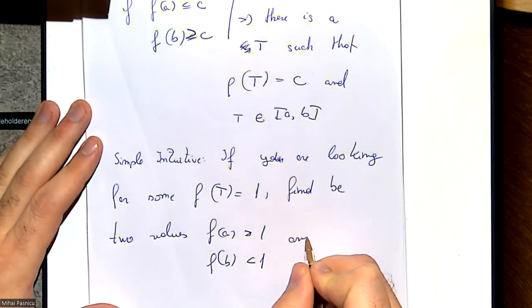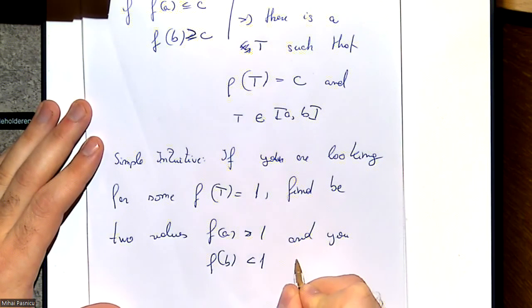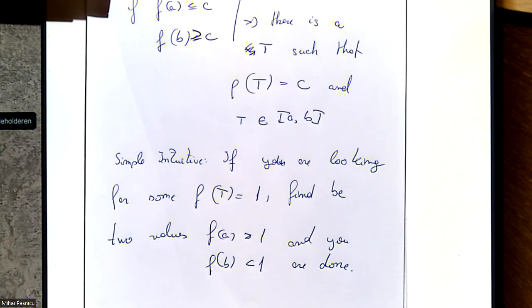And you are done. Basically, if you're looking for a solution to an equation that looks like this, just find me two values of the function, one bigger, one smaller. That is the whole idea of the intermediate value theorem.